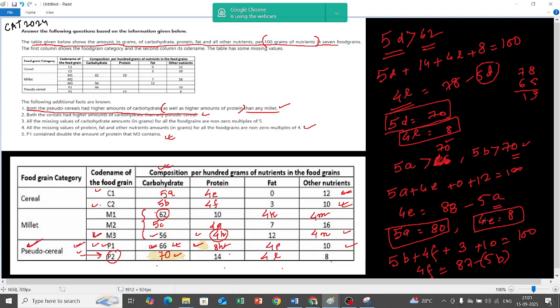Arijit, you tell me. 5b is stated as greater than 70. So what value of 5b should be taken which is greater than 70 and when subtracted from 87 should give me a multiple of 4? Parama, can you try?